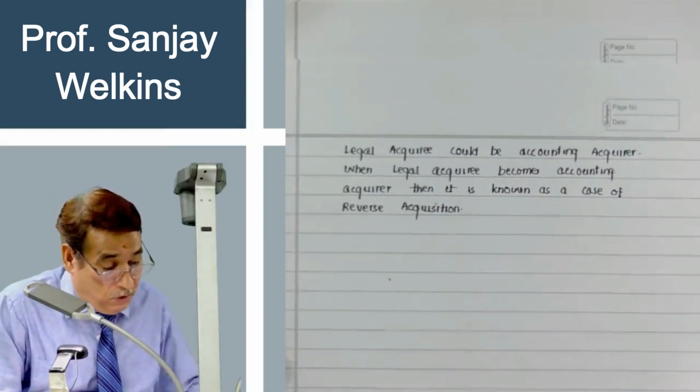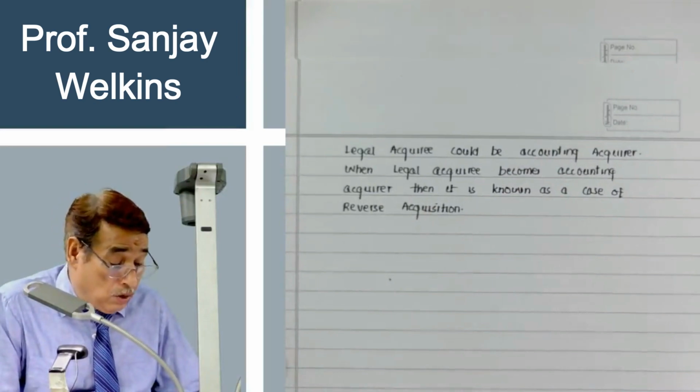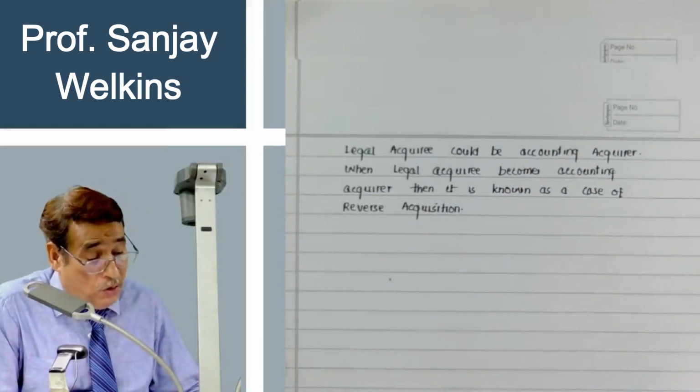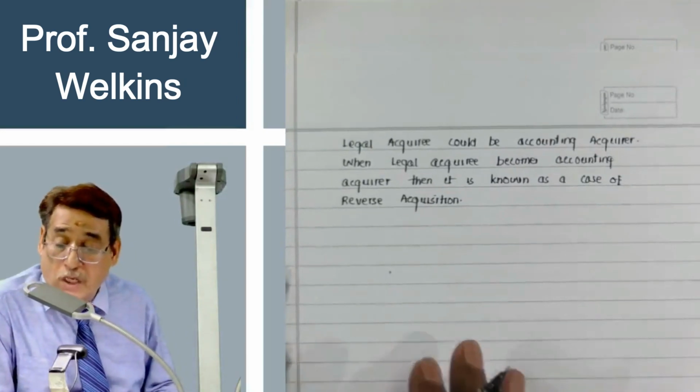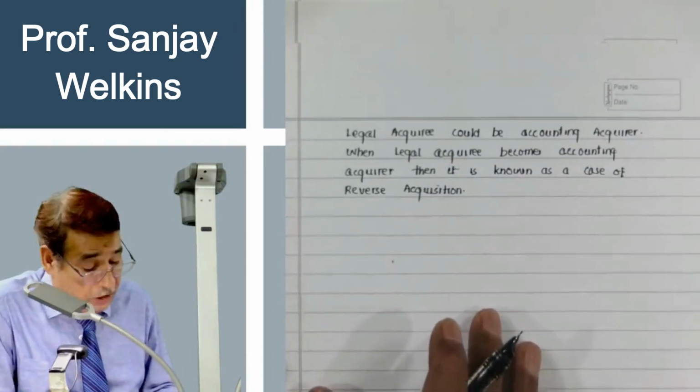Is it clear to you or not? So these are the things which you need to know, but lots of things we still have to take into account. So this was our first step.